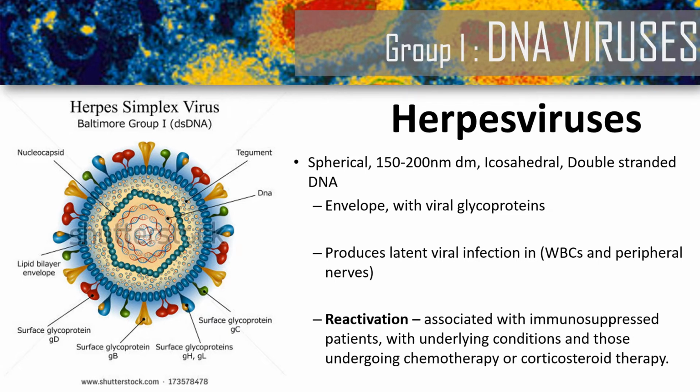Anong ibig sabihin ng latency? Pag sinabi kasing latency, class, they are dormant. Ibig sabihin ng dormant, resting. Okay, they are not actively dividing or actively replicating, pero andun sila sa katawan mo. So yun yung latency.